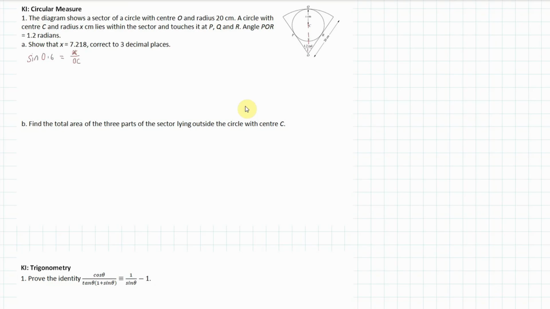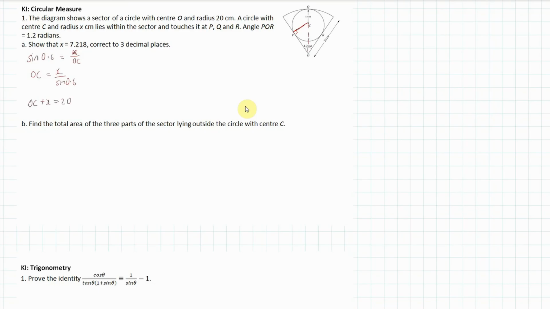My first go, so you can see I've split it into a triangle like this. It's a right-angled triangle because there's a tangent there, isn't it? And so I'll say that OC is equal to x over sine 0.6, and I know that OC plus x should be equal to 20. Why do I know that?